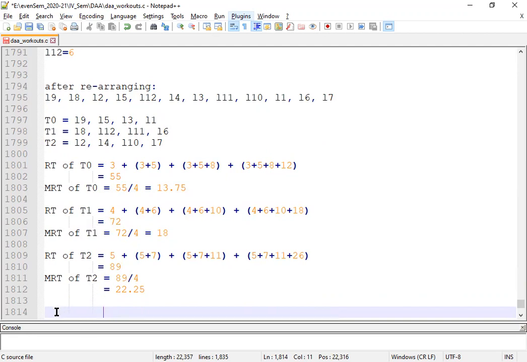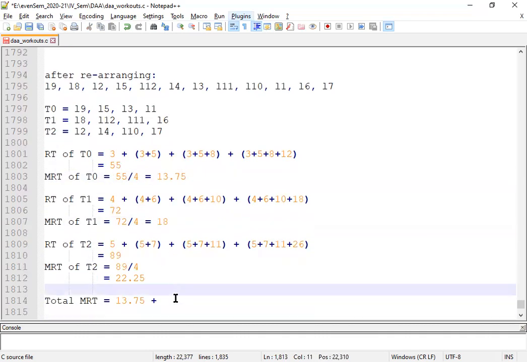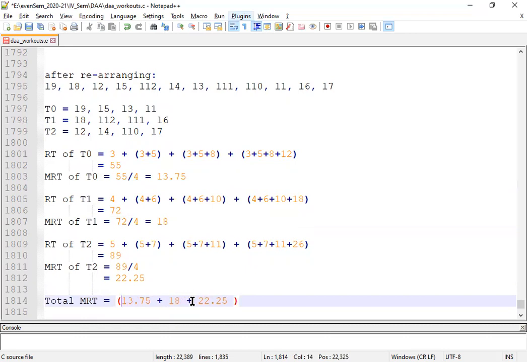Now we need to calculate the total mean retrieval time. So total MRT equals the first one, 13.75, plus 18, plus 22.25, and then we need to divide by 3, because in this case there are 3 tapes.